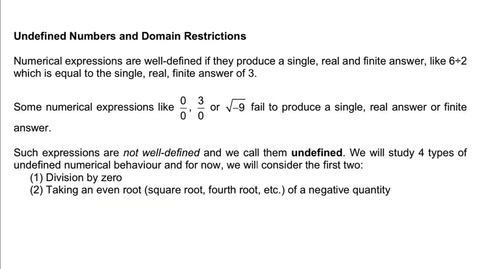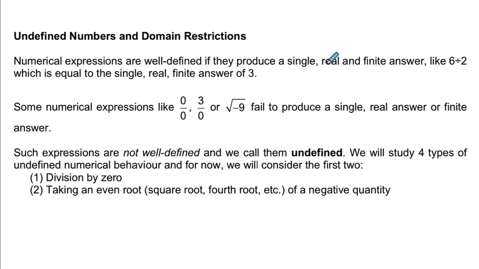To understand domain a little bit more deeply, we need to talk about undefined numbers. Numerical expressions are well defined if they produce a single, real, and finite answer. 6 divided by 2 is a well-defined numerical expression because it produces the single, real, and finite answer of 3.